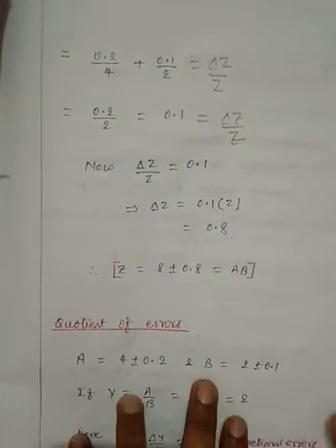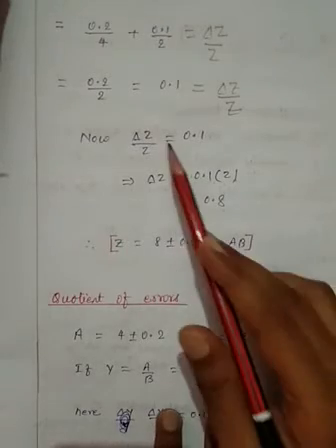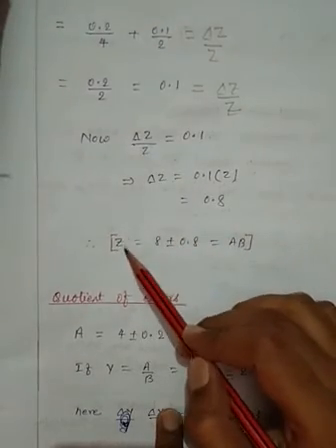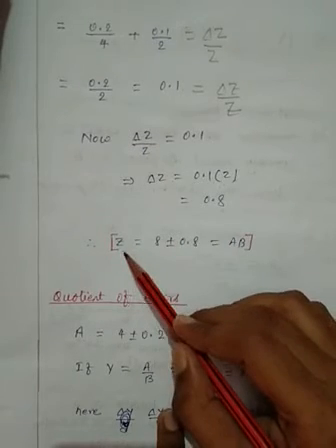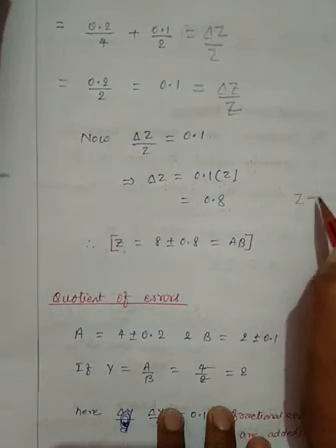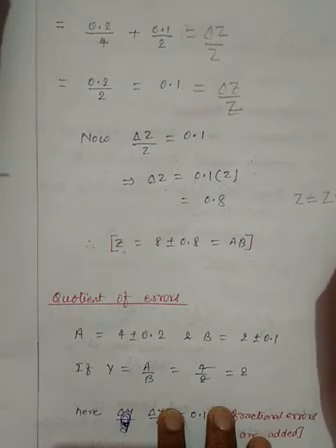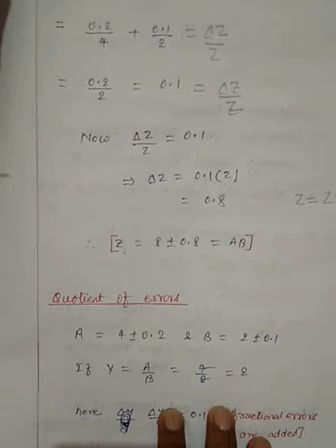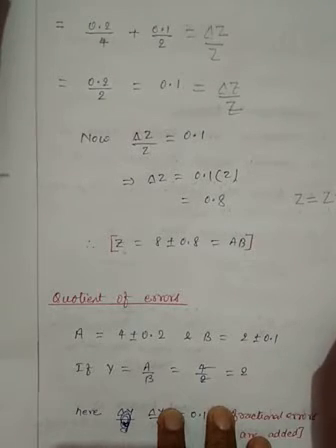So, if it is 0.8, now we can have z. So, the net value, the product value, is z, and as we know, any calculation can be represented as the absolute part plus minus the error part.